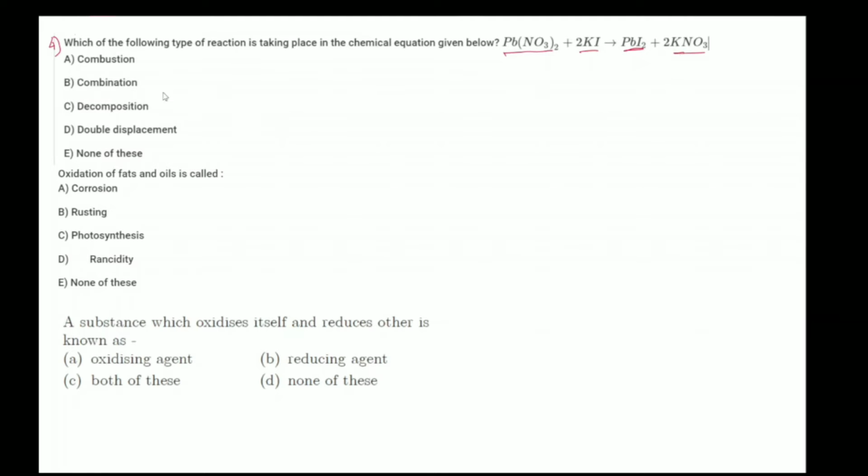So now what type of reaction is it? Is it a combustion reaction, combination reaction, decomposition reaction, double displacement reaction or none of these? Yes, see here, this lead and this K have interchanged their places. They have taken each other's places.